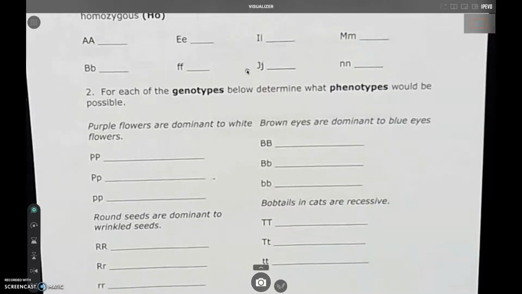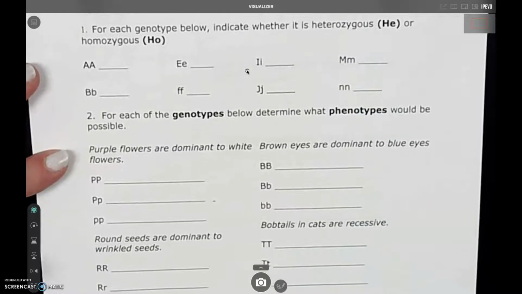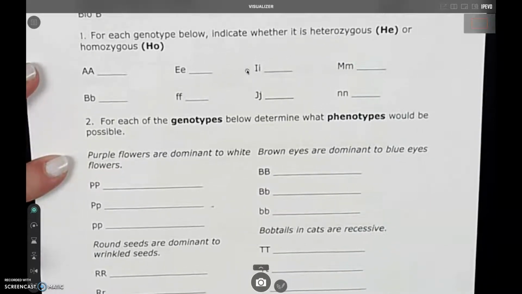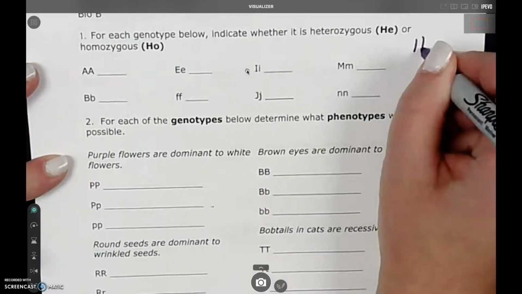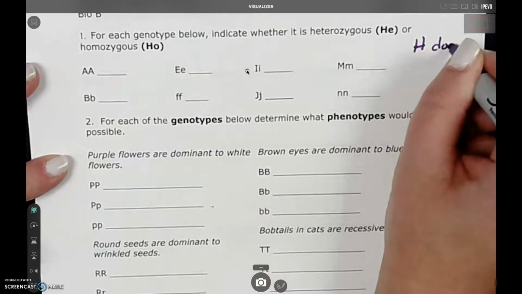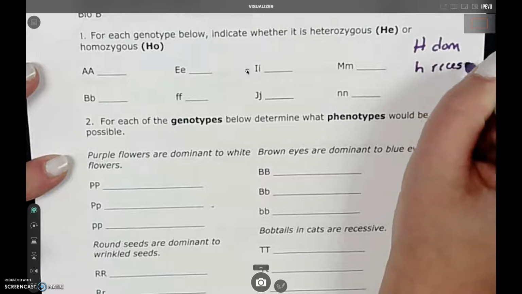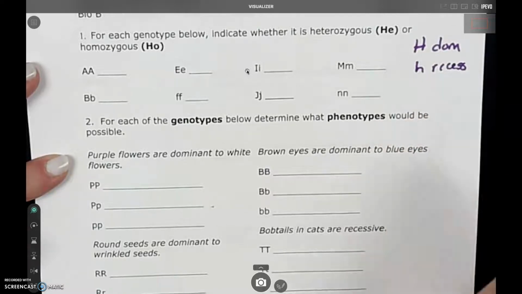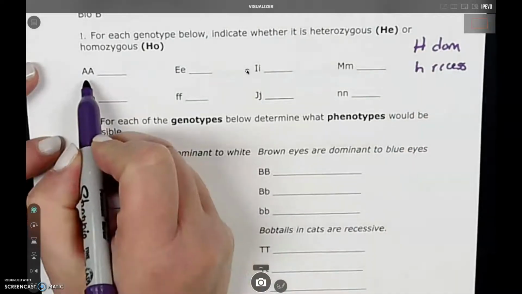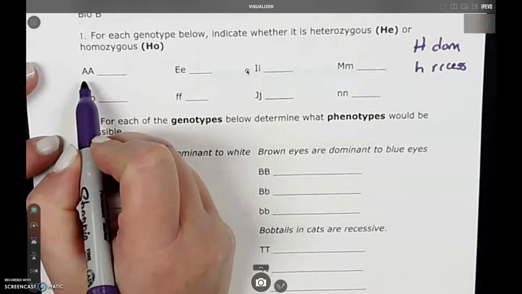All right, so to start off, we need to recognize what is homozygous and what's heterozygous. Keep in mind, we are going to use a capital letter for dominant and a lowercase letter for recessive. So, if it's two capital A's, what is that?